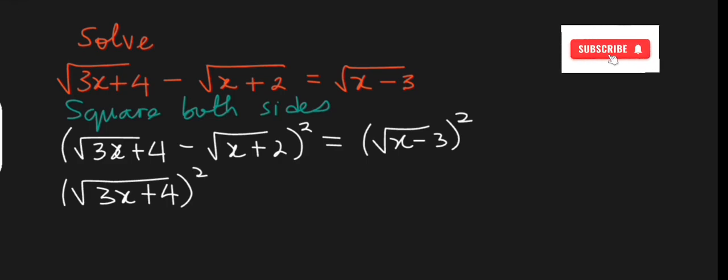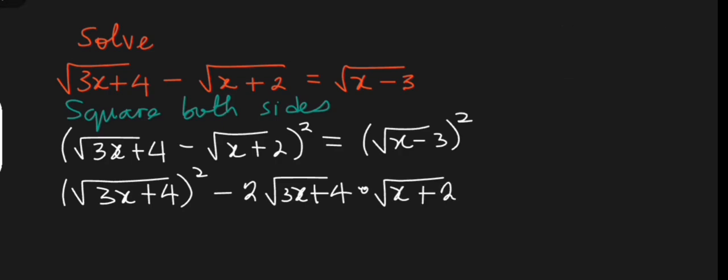The middle term is going to be minus 2 times the square root of 3x plus 4 times the square root of x plus 2, while the last term is going to be plus the square of the square root of x plus 2. On the right hand side, it's much easier as the square cancels out the square root, giving x minus 3.